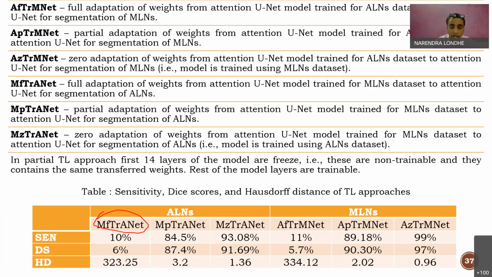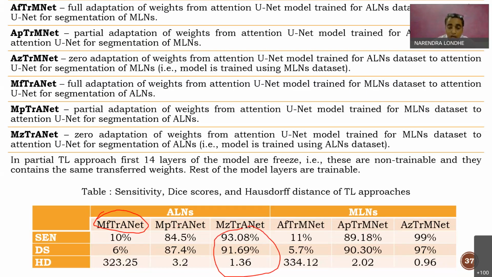Okay, so in that case, when I'm not having any transfer learning, only training, making my network learn from the abdominal lymph nodes, and testing it again on abdominal lymph nodes only, I'm getting this much accuracy, right?